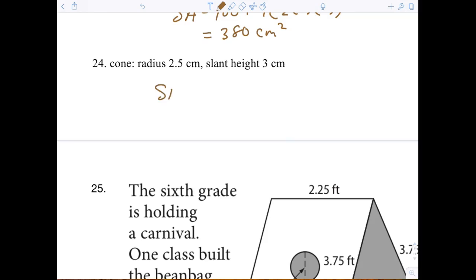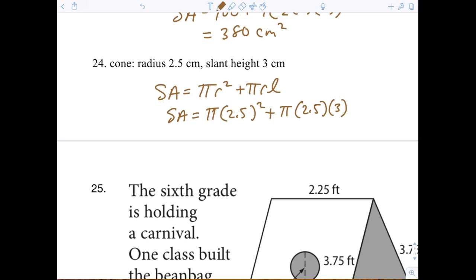Now here we have surface area is equal to pi r squared plus pi r L. Somebody tell me. 27.1.